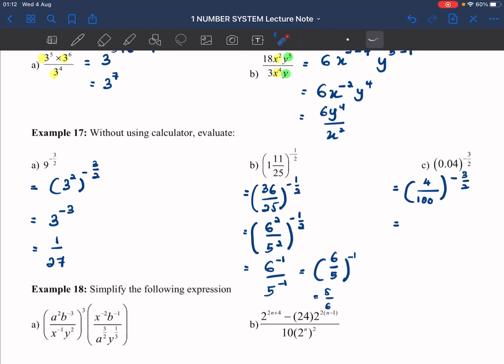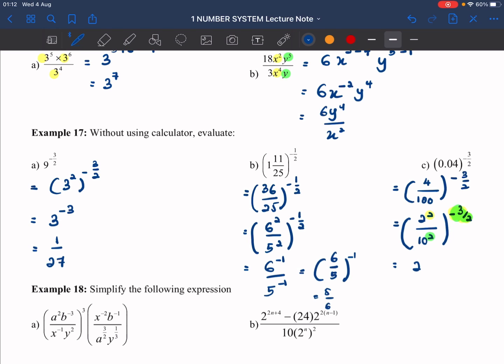So again, simplifykan ni, simplifykan ni. So we will have 2 square over 10 square to the power of negative 3 over 2. So the next step sama dengan soalan sebelumnya lah. Just darab je power dia. Okay, darab dengan yang ini pun darab dengan yang ini. Sebab apa darab? Sebab tu ialah rules of indices.